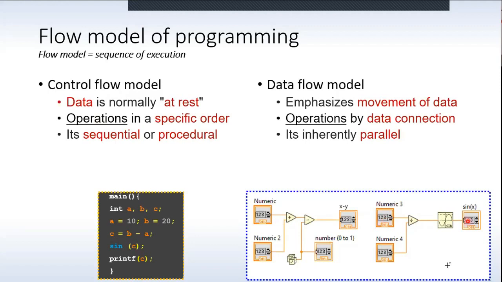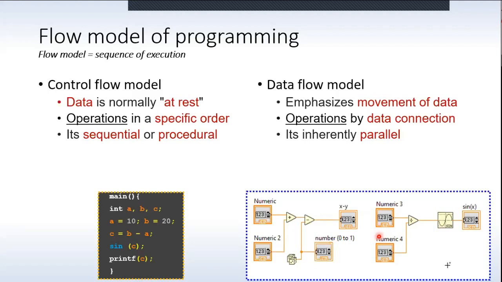So these two start at the same time. For us it is the same time, but for the computer it will be in sequence. But it is possible that two things start at nearly the same time in LabVIEW, while in other programming it is not possible, since you have to go step by step to the next step. In LabVIEW, it's possible to do parallel calculations.